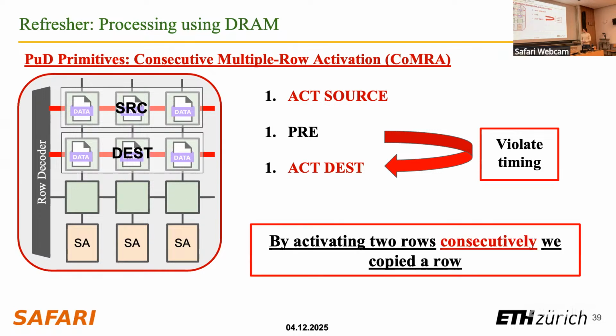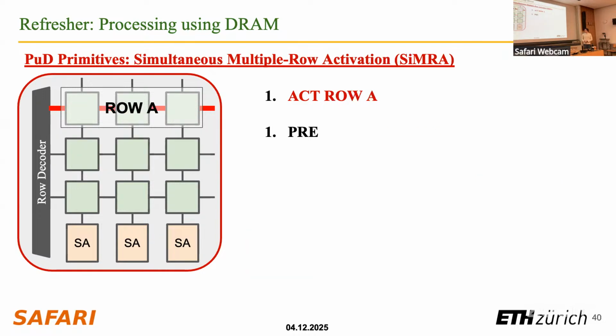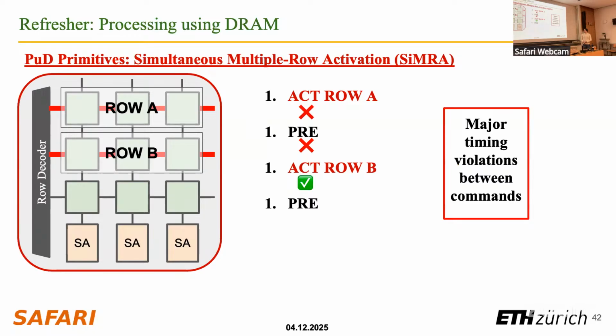So for the simultaneous multiple row activation, the process is kind of similar, but there's a bit of a difference, and I'll explain it in a second. So we do the same thing, and we violate these timings. These are even shorter. So the delay between these is even shorter than in the previous example.